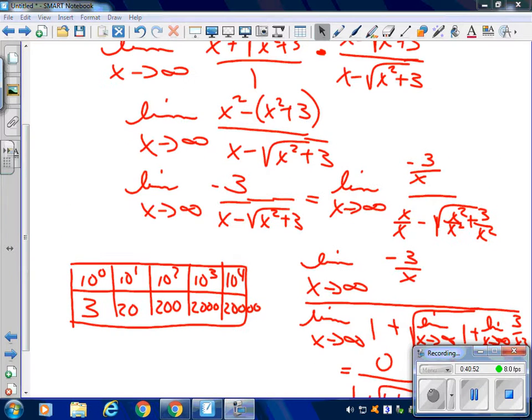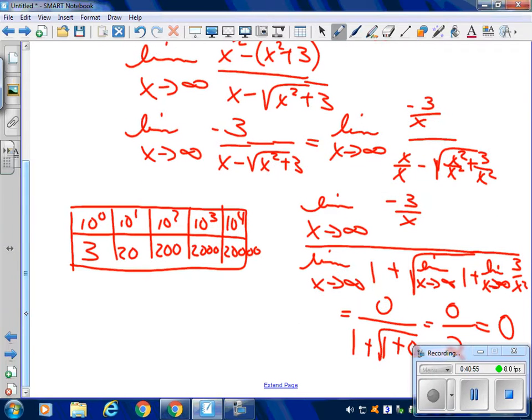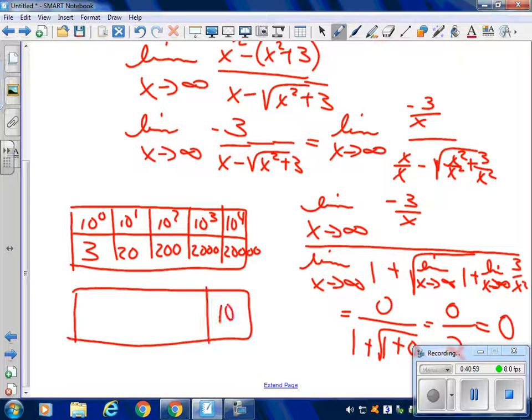All right, since we're having a little bit of conflict in the answer, let's look at the negative side of the chart. So if you do 10 to the 0 power, 10 to the negative 1, 10 to the negative 2, 10 to the negative 3. Wait a minute, I did that wrong. I put the negative in the wrong place.